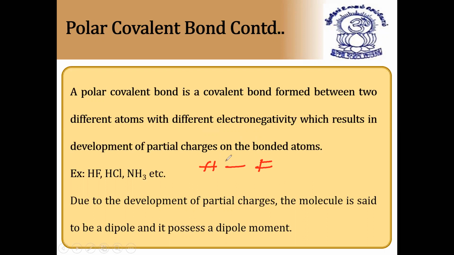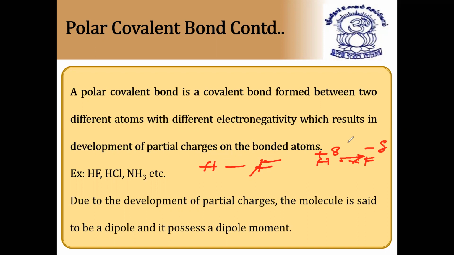Due to the high electronegativity of fluorine, already we know fluorine has the highest electronegativity and is the most electronegative, it will pull the electrons towards itself. Due to this, hydrogen develops a partial positive charge and fluorine develops a partial negative charge.